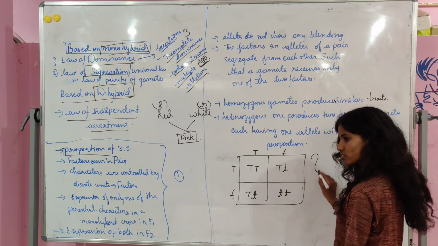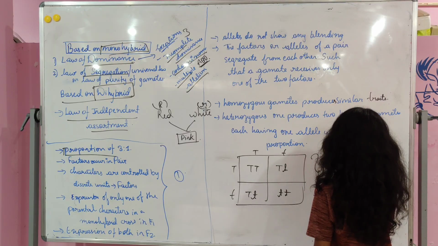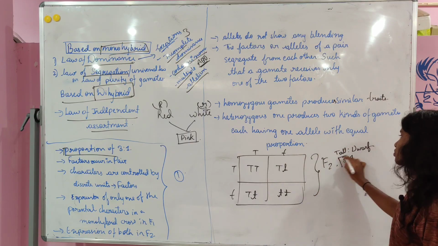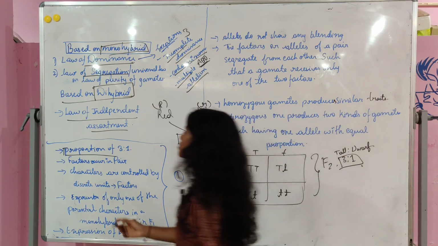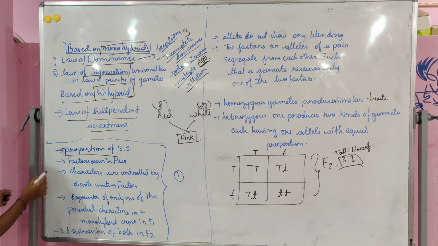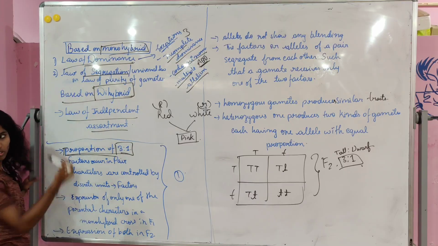These were the progenies. That is F2 generation was this. So we had 3:1 for phenotype, that is nothing but tall is to dwarf, 3 is to 1. Right. This was the ratio. So this ratio is based on law of dominance. Okay. So proportion of 3:1 is given by law of dominance.